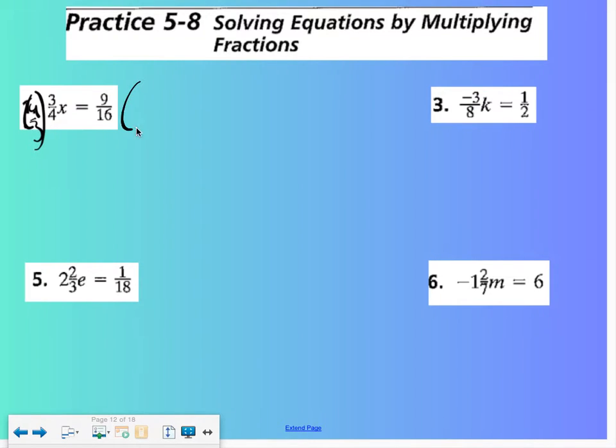So what I do is multiply both sides by the reciprocal. This goes to 1, so it's really just x equals, I can multiply straight across or cancel some factors. So I know that 4's come to 4 and 16. And 3's coming to 3 and 9. So when I do all that, I just get x equals 3 over 4.